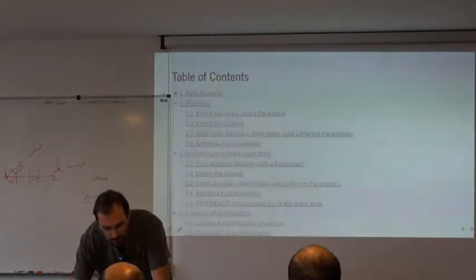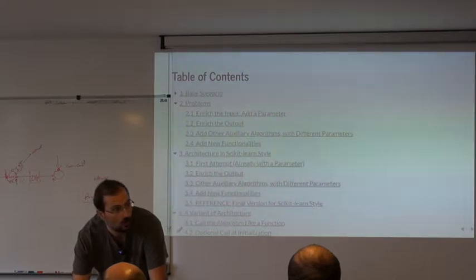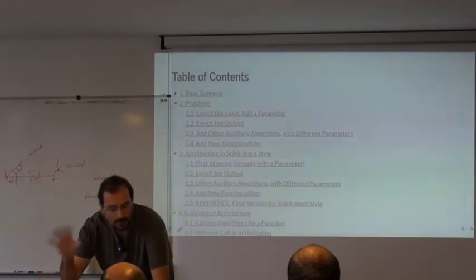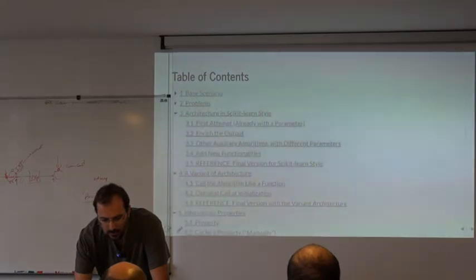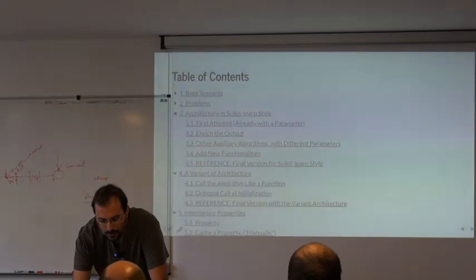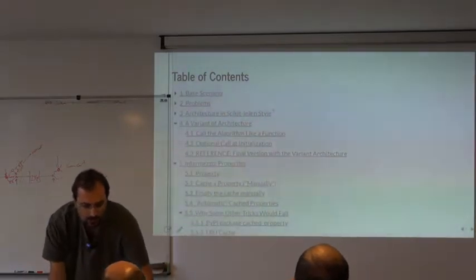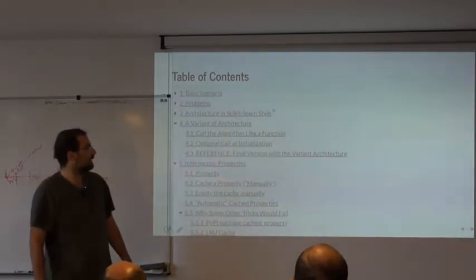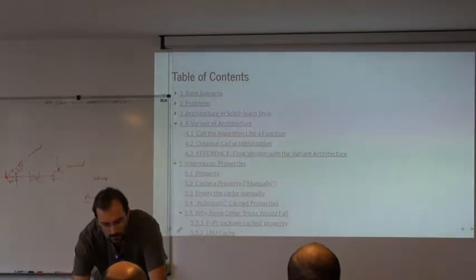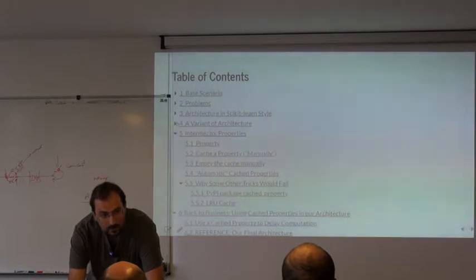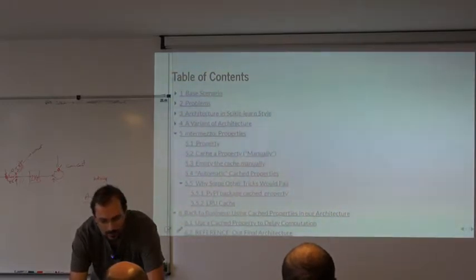First, I will present a base scenario with some algorithm and a sub-algorithm. Secondly, I will show the problems with our initial implementation. Thirdly, I will show an architecture that's inspired from Scikit-learn. Then I will present a variant of this architecture.